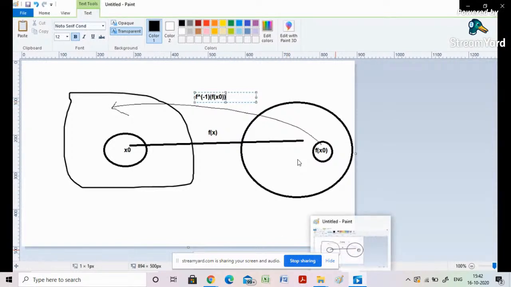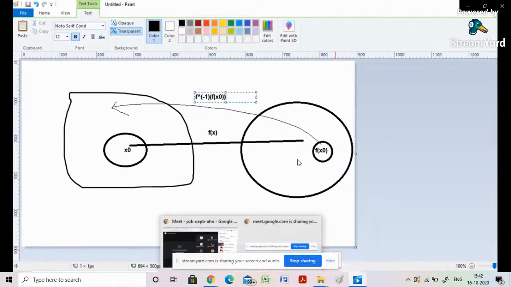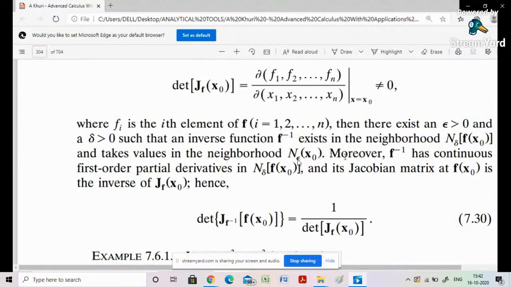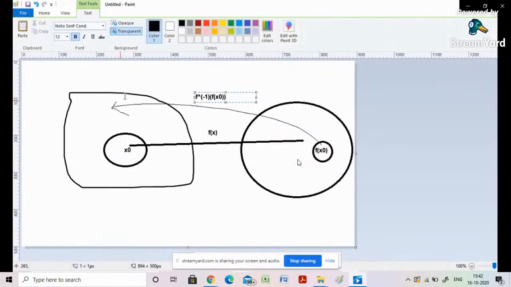That is the idea. In the neighborhood N of x naught, that inverse function should reach it.